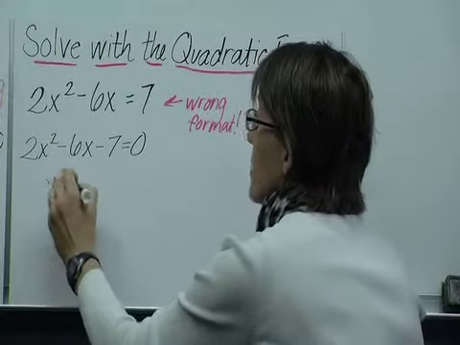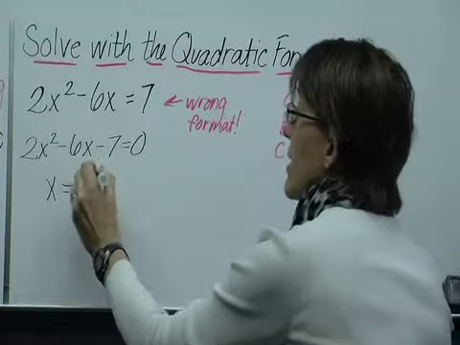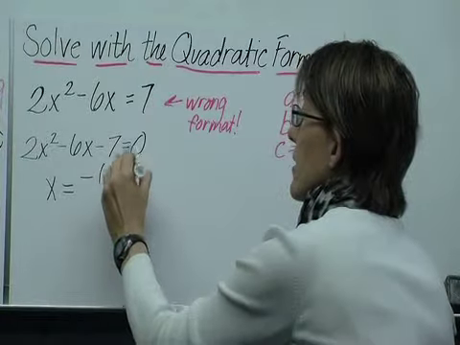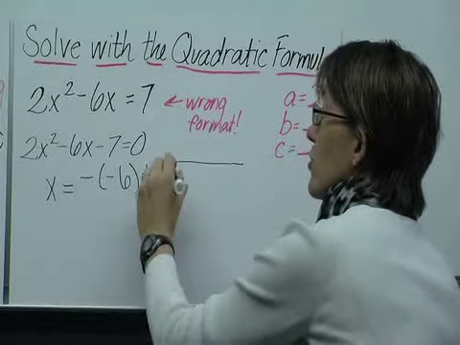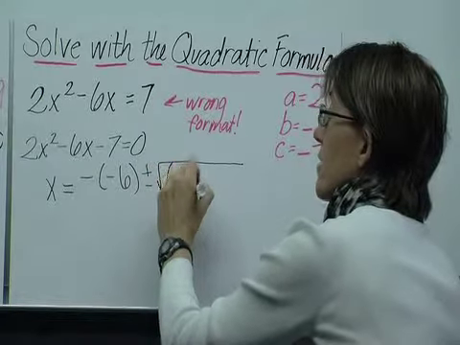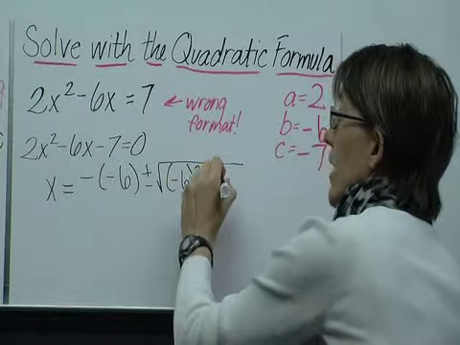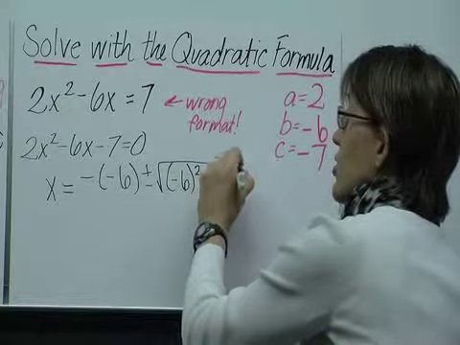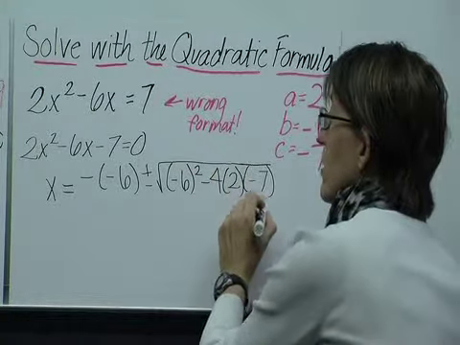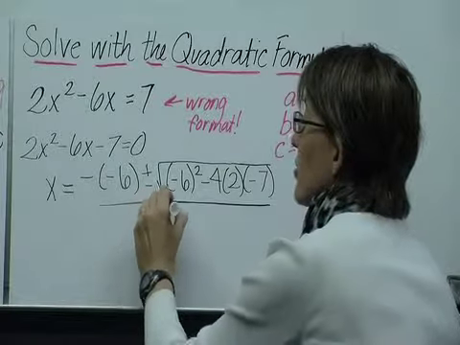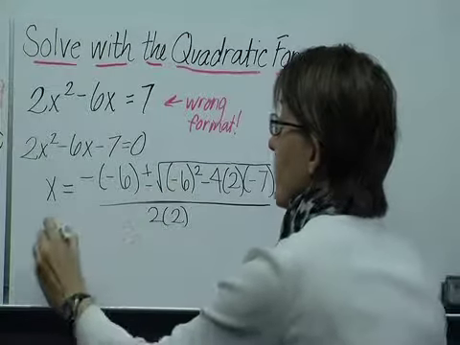Write down x is equal to the opposite of negative 6 plus or minus the square root of negative 6 squared minus 4 times 2 times negative 7, all over 2 times 2.